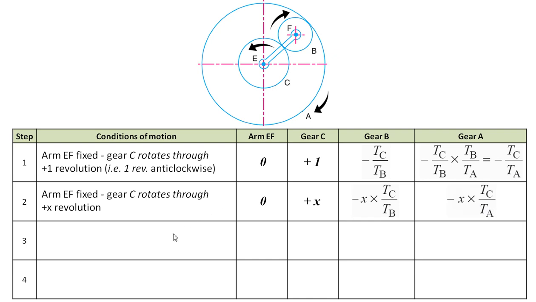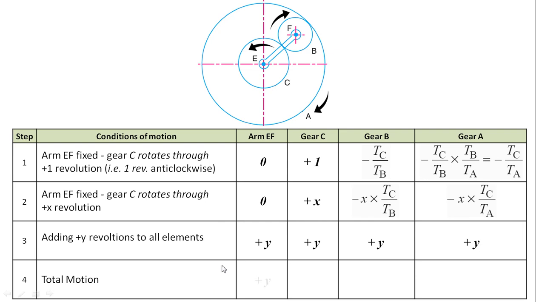The next step, adding plus y revolutions to all the elements. And the fourth step, that is of total motion, that is addition of second and third row. So we have total motion for EF equal to plus y.